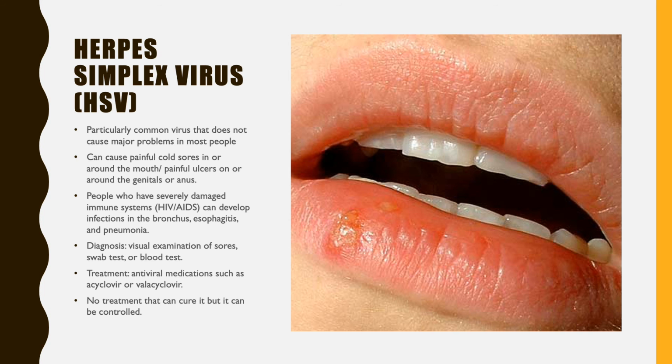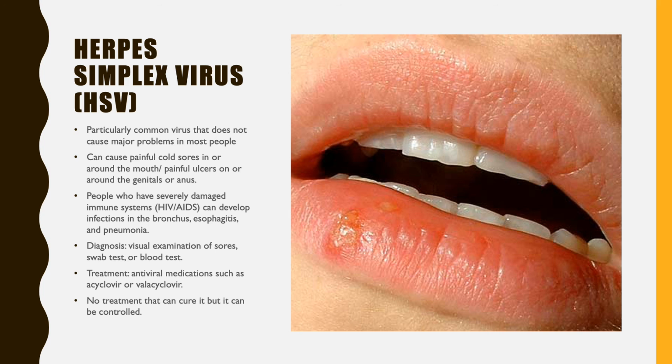Another opportunistic infection that can arise from HIV and AIDS is known as herpes simplex virus. This particularly common virus does not really cause major problems in most people. It can cause painful cold sores in or around the mouth and painful ulcers on or around the genitals or anus. People who have severely damaged immune systems from HIV and AIDS can develop infections in the bronchus.